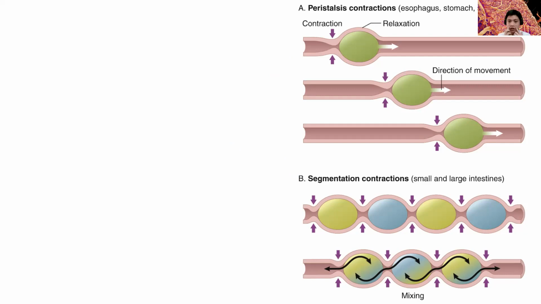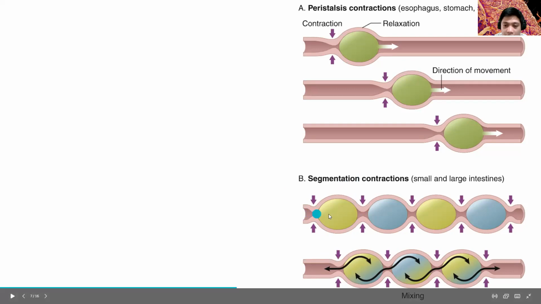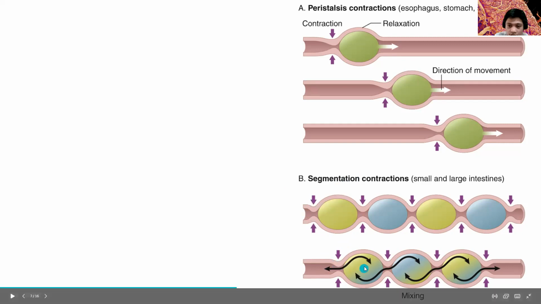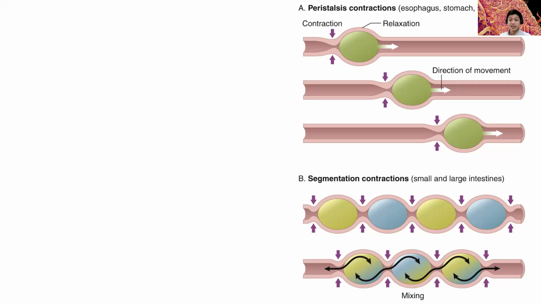If you notice, it just pinches. So it pinches here, moves the food, then pinches again. Pinch, move, pinch, move. And eventually, that will lead to mixing of the food. This segment contracts, this segment relaxes. It moves, and this segment will again contract, and this segment will relax. And eventually, as the food is pinched and moved, it becomes smaller, the particle size. So these are our segmentation contractions.